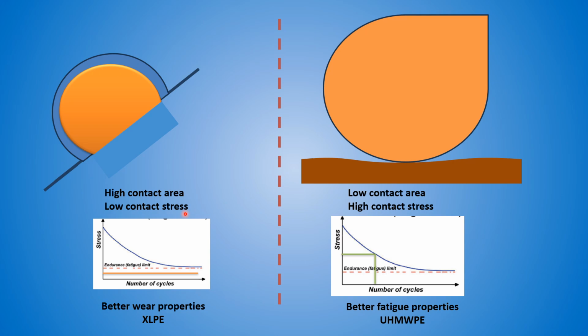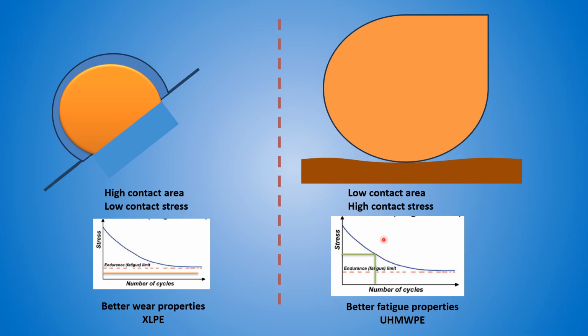On the other hand, when it comes to total knee, you know that the condyle of the knee has a low contact area with the polyethylene insert that looks like a dish.